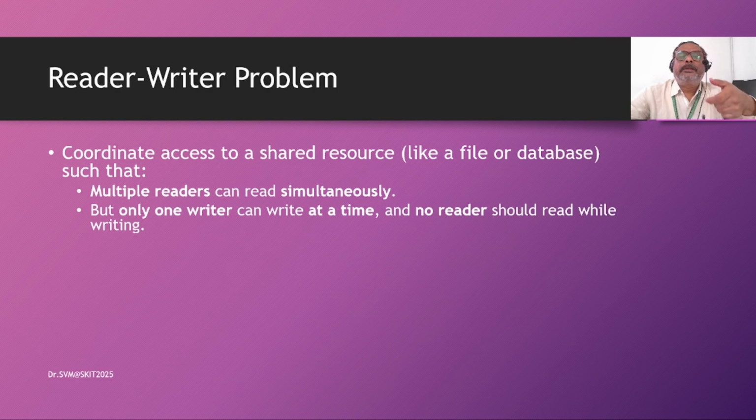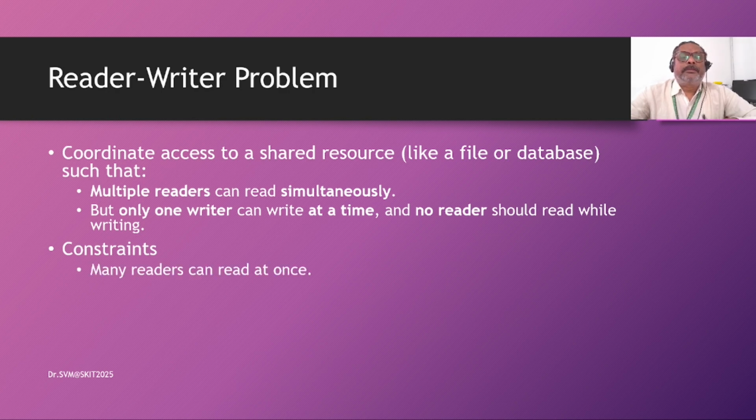So when one process is trying to write, we should ensure that no other process is allowed to write at the same time, and no reader is allowed to read, because while writing the consistency of the data may not hold, so we have to wait till the writing is complete.